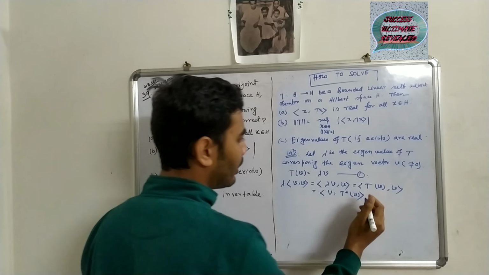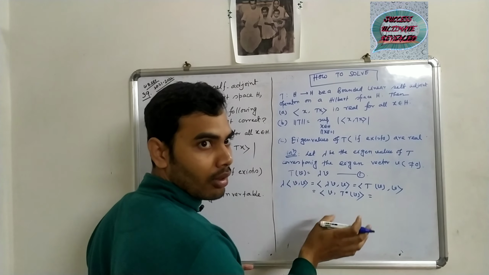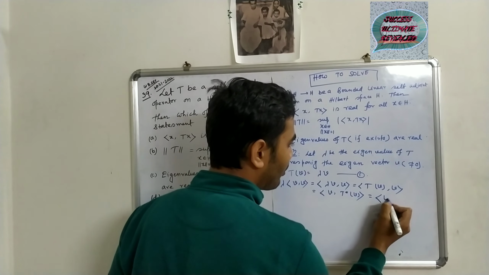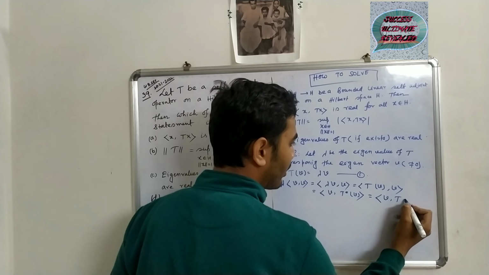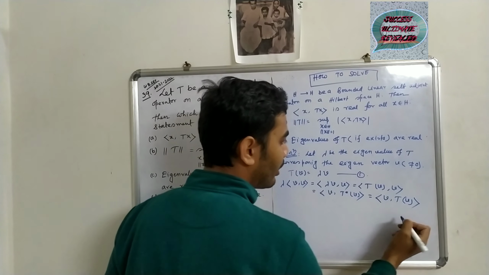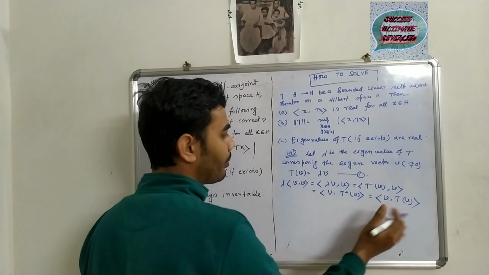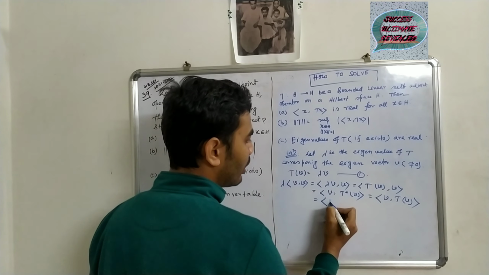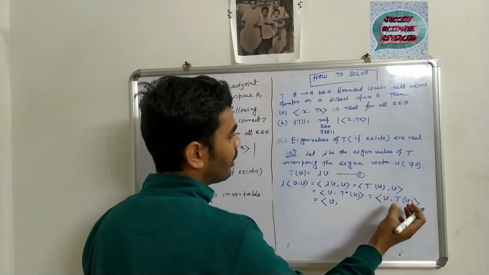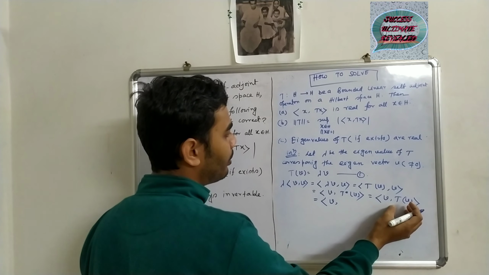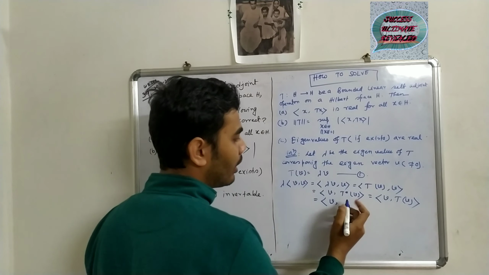T star V is equal to TV. Why? Because T is a self-adjoint operator. So ultimately this is equal to the inner product of V and TV. Now what is T of V? T of V is equal to lambda V.